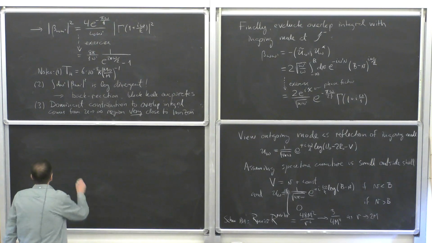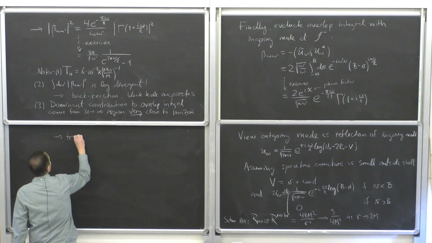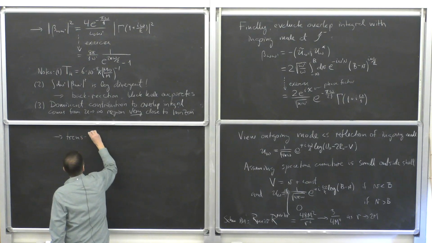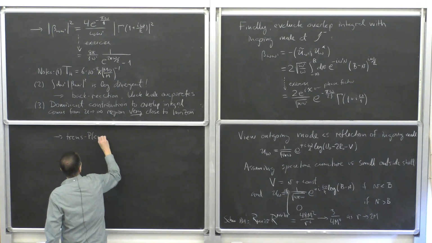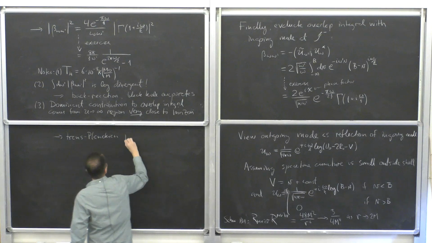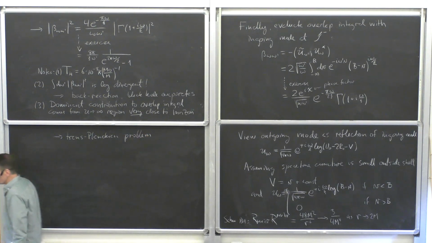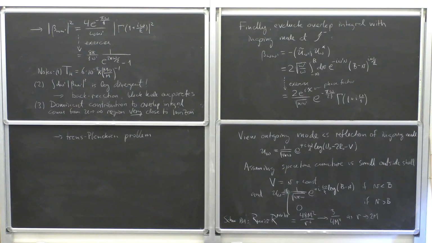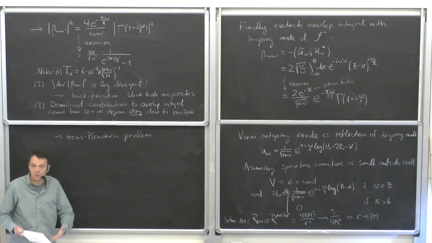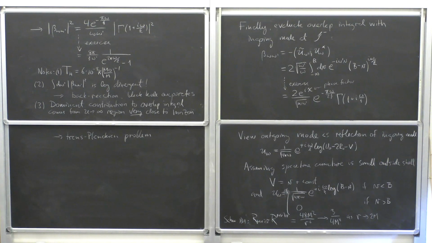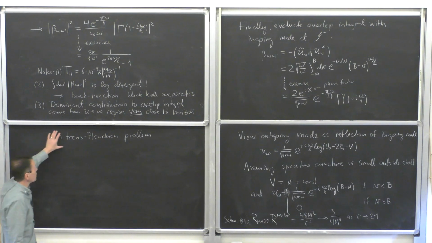So this was called the Trans-Planckian problem. It arises also when people are doing early universe cosmology, inflationary models. You have similar problems. You have modes that formally are coming from arbitrarily high energies, so you would want to somehow introduce a cutoff on this.